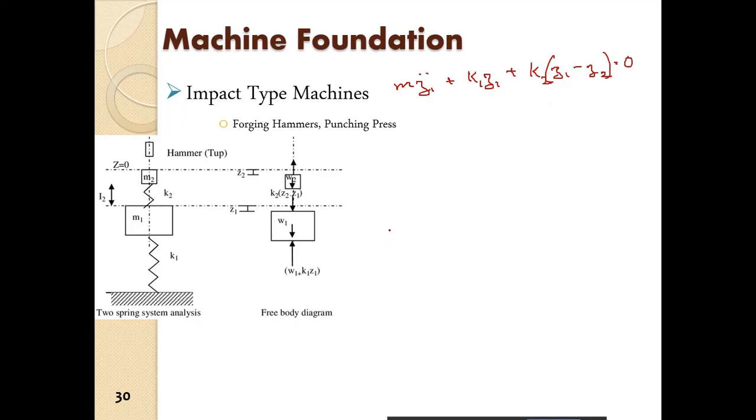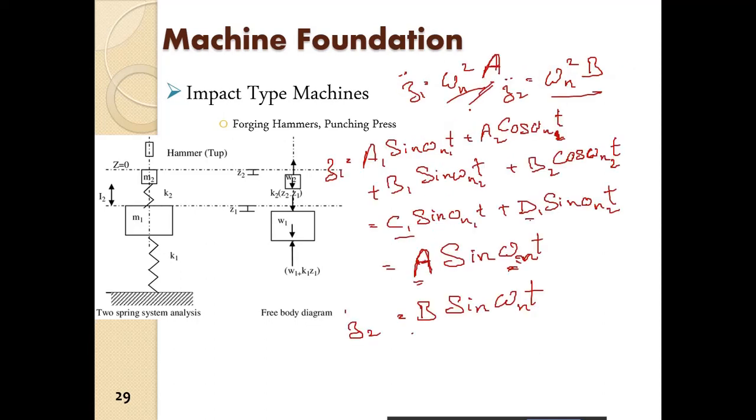So if we put that here, obviously this will become minus m1 omega n square into a.